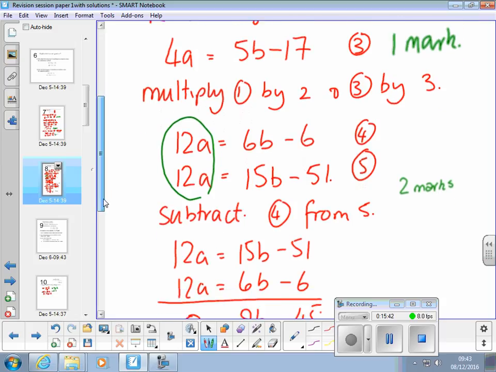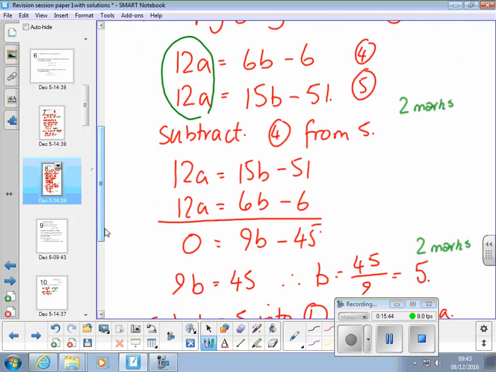And then what you do is subtract the new equations, and I've chosen to subtract 4 from 5 because the coefficient of b in 5 is bigger. So you end up positive. You don't have to do it that way. So I'm taking this one away from that one, ending up with 9b minus 45 equals 0.